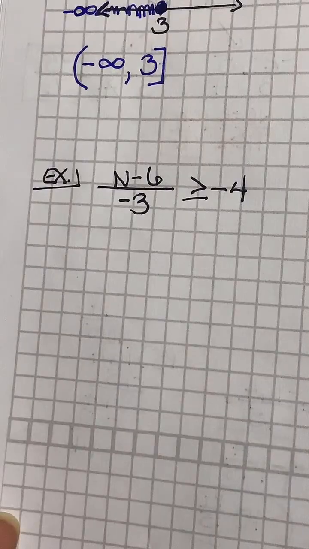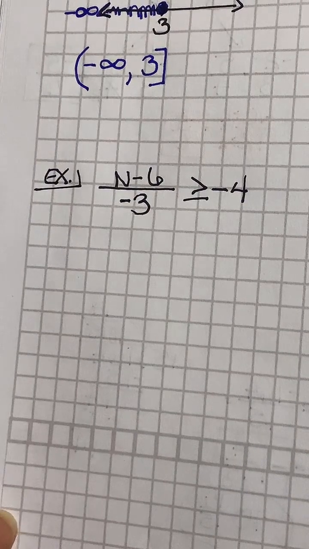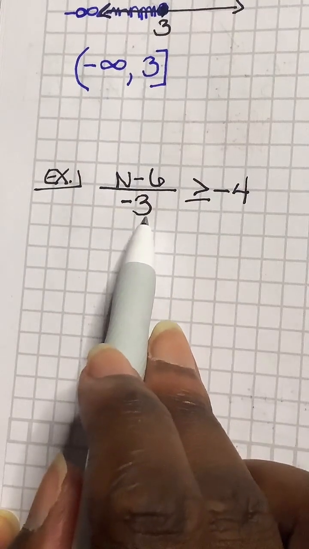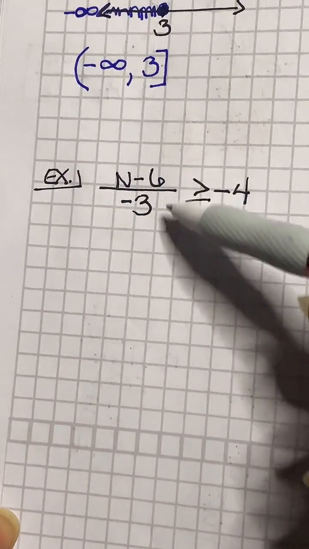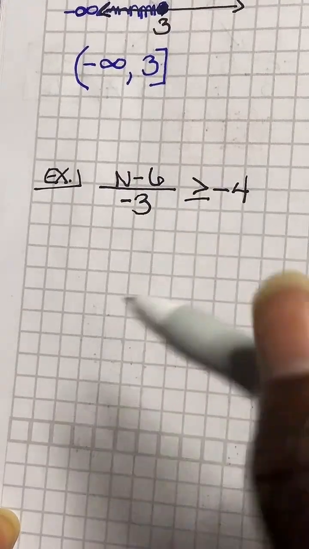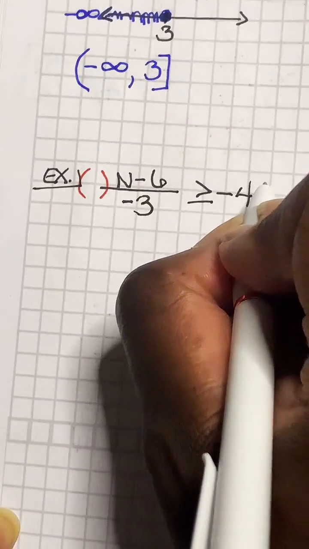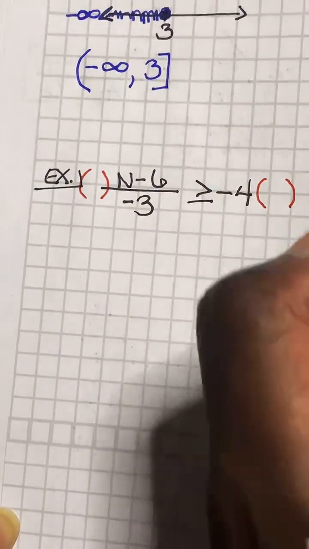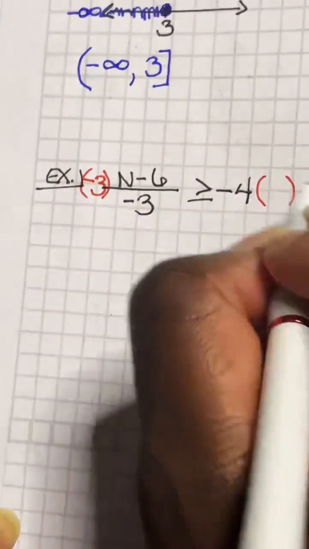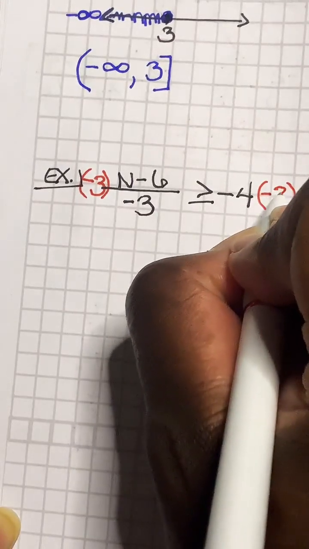Remember, the first thing we're going to do is take care of this denominator. When you see a fraction, the inverse of division is multiplication, and you always want to multiply whatever your denominator is on both sides. The reason why: it's easier to simplify.